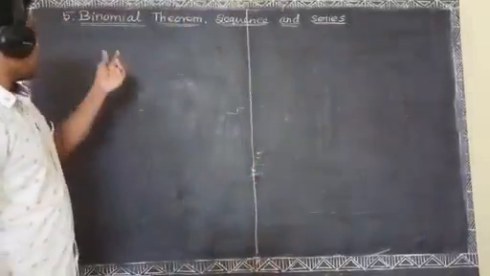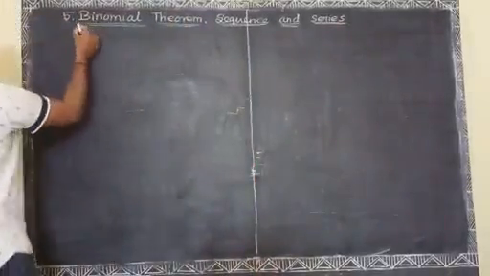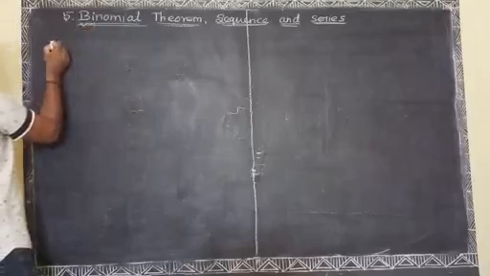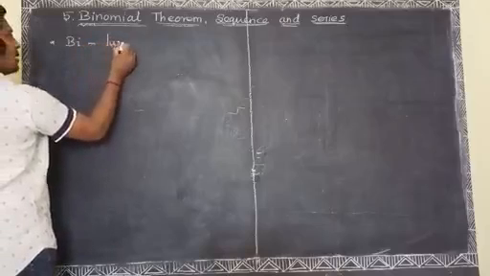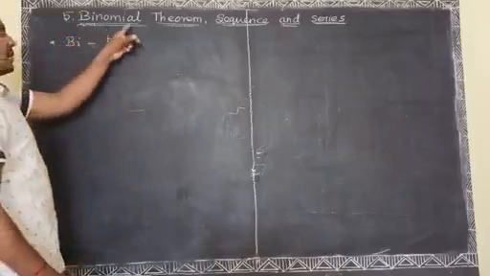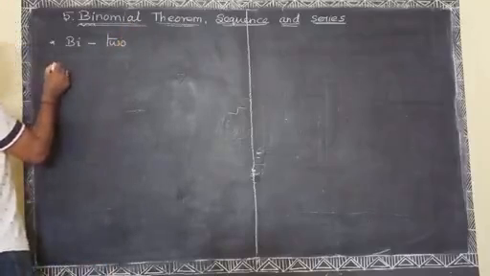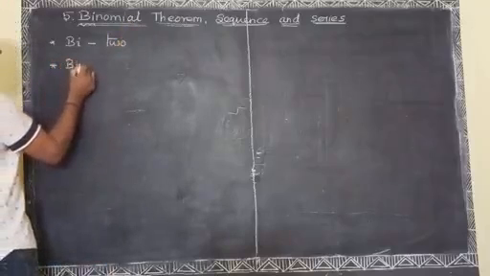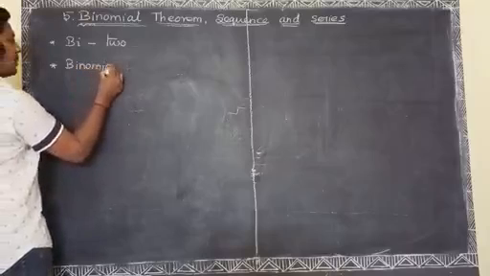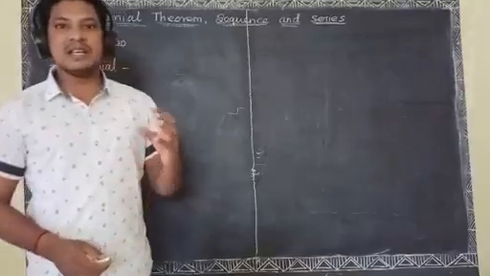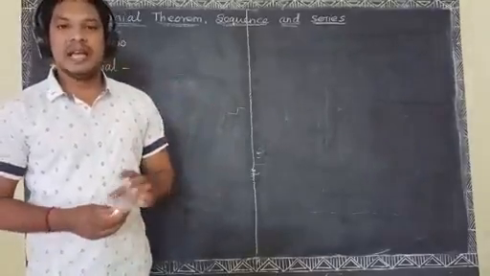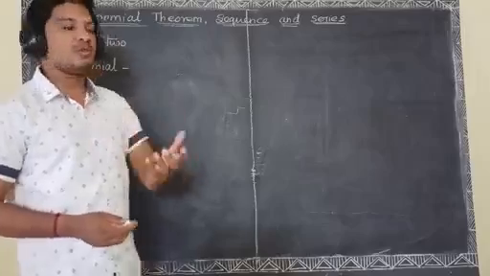What is meant by "bi"? "Bi" means two. The word binomial means an expression having a sum of two terms.